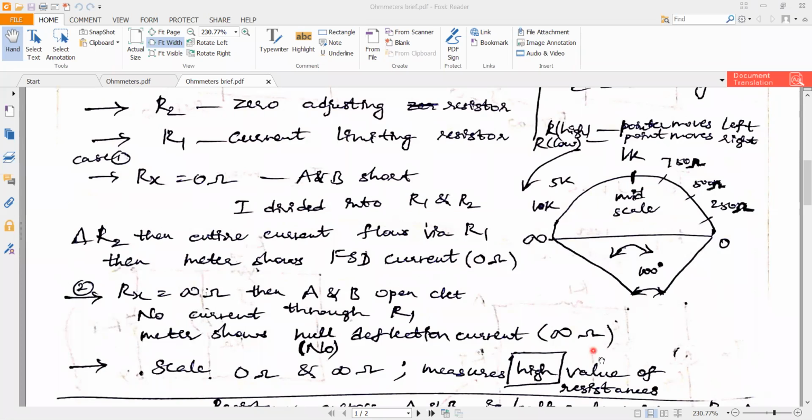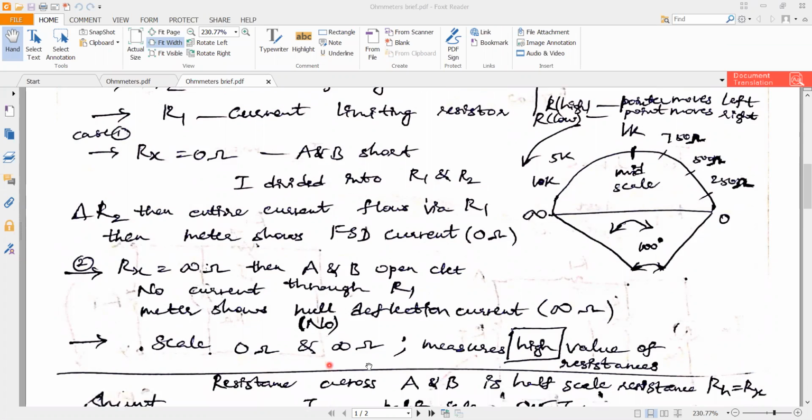The scale I'm going to consider for this series ohm meter is between 0 ohms and infinite ohms. The starting value is maximum, and this is the zero terminal. From this zero terminal, the scale deflects towards the left hand side.